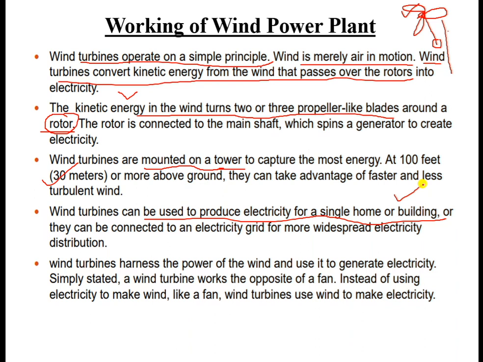But whenever you want to commercialize it and give energy to certain smaller areas, where large power plants are not going to fulfill the demand of remote areas, such wind power plants as well as solar power plants provide service to remote people. Wind turbines harness the power of wind and use it to generate electricity.